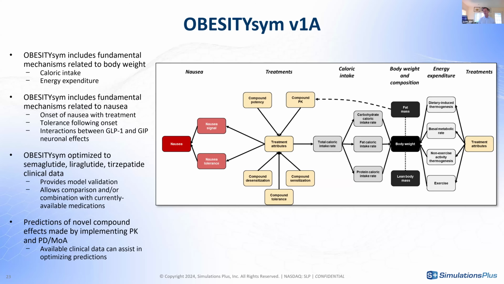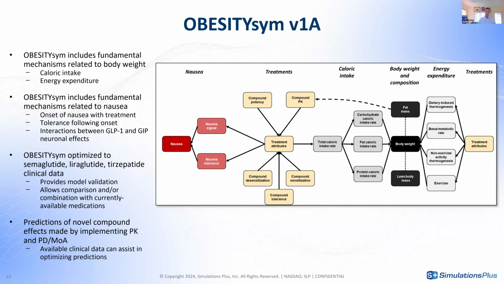Then we can utilize all of the above to predict the influence on caloric intake or energy expenditure on the right-hand side, as well as, in the same QSP model, the generation of a signal eliciting nausea, as well as the generation of a tolerance signal, offsetting the nausea signal. We're able to then predict the incidence of nausea for a given dosing paradigm at the same time that we're predicting the weight loss and the effects on body composition.